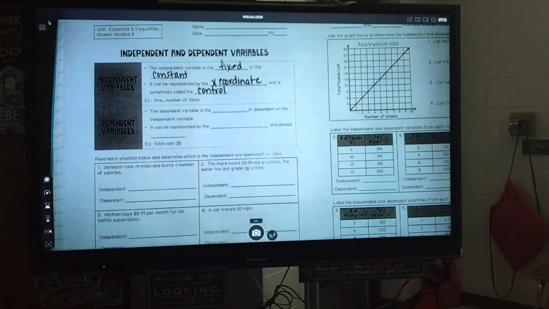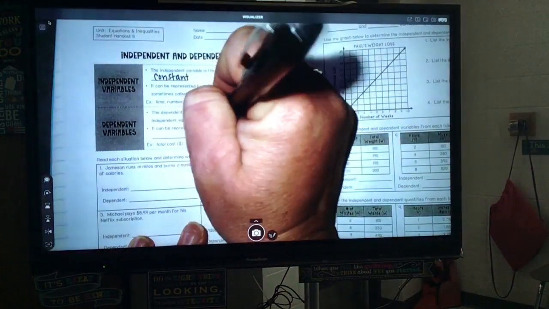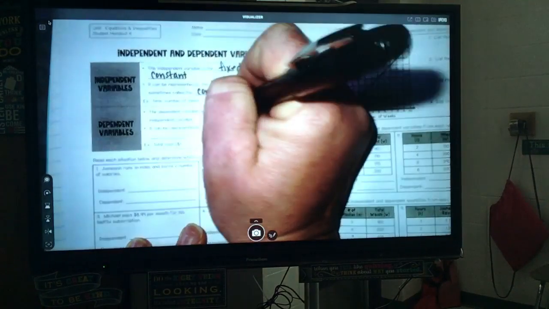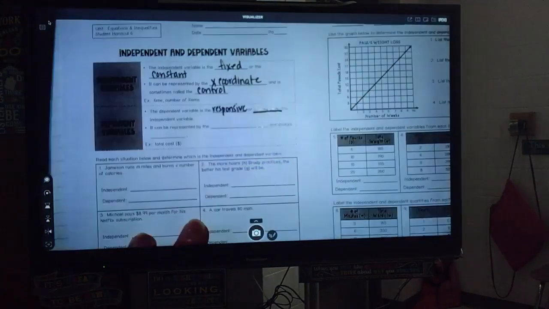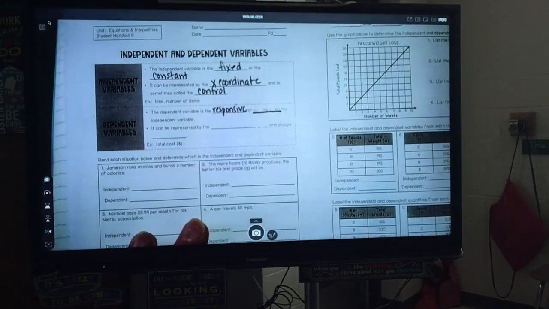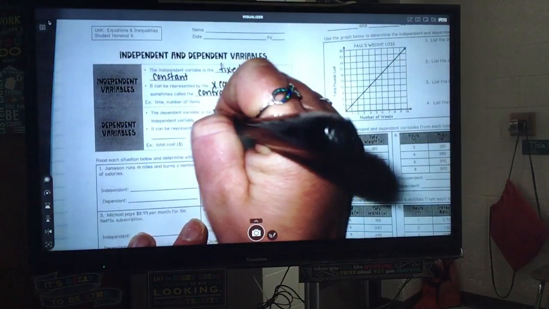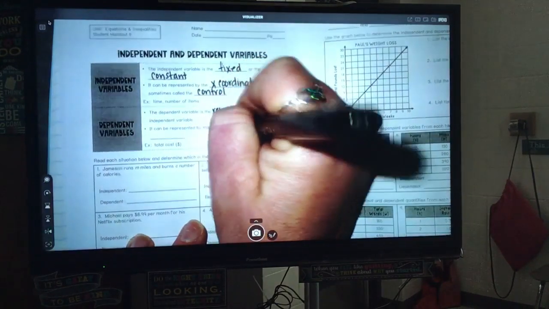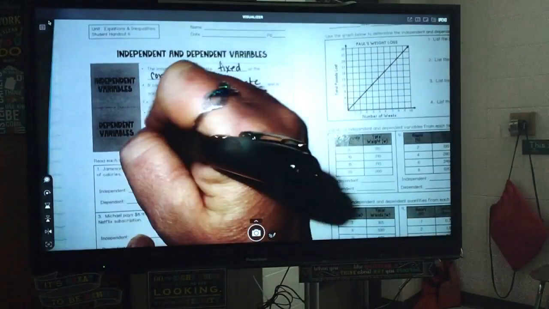So the dependent variable is the variable that is responsive, which is kind of a weird word, or dependent on. That's what I want you to remember. The dependent variable is dependent on the independent variable. It can be represented by the y coordinate and always changes.